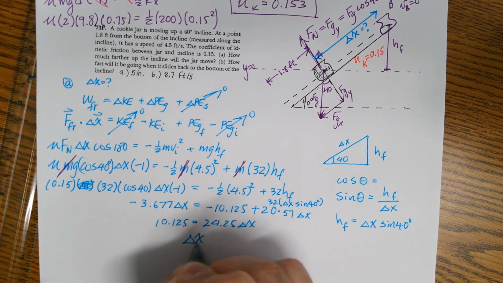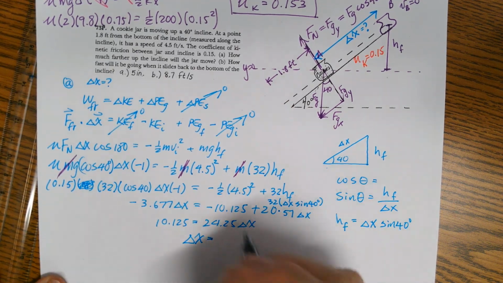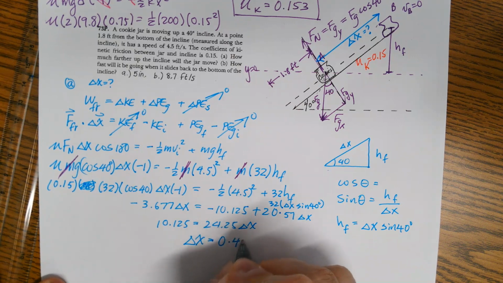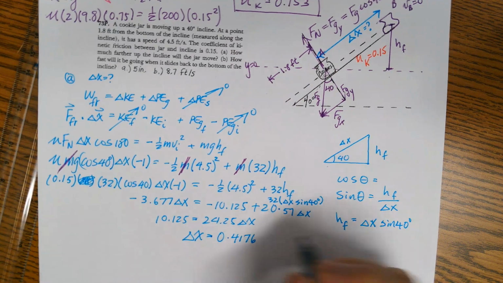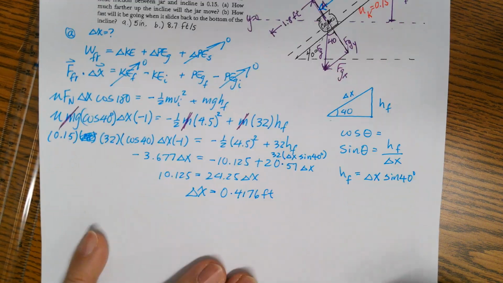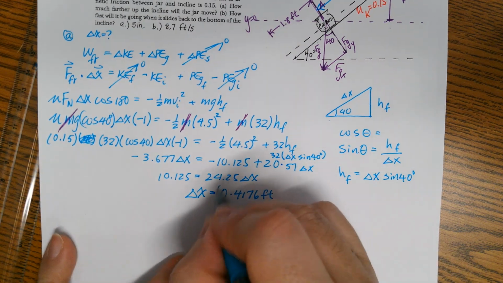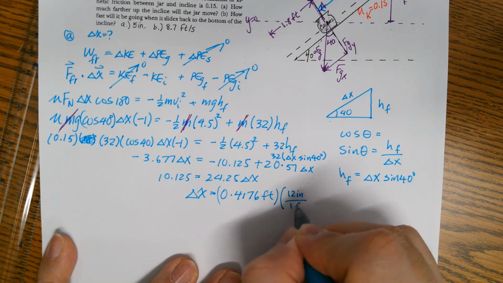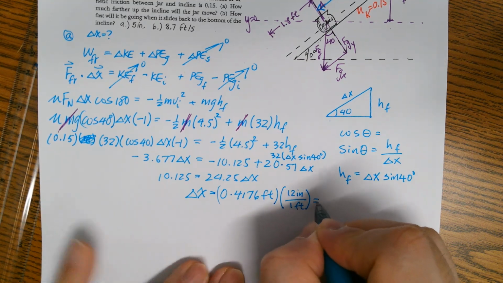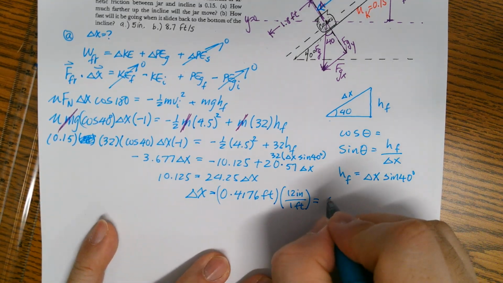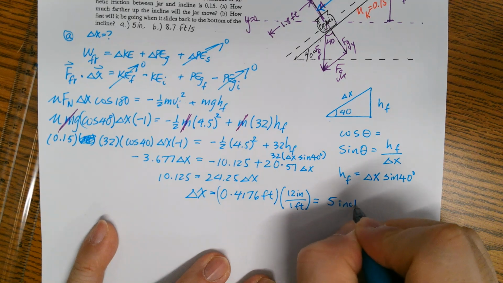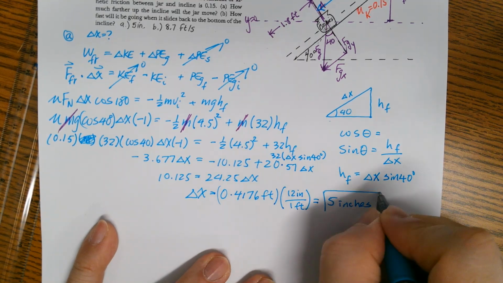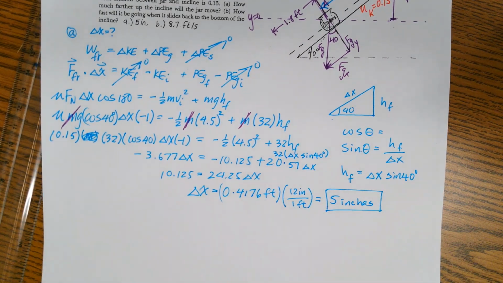So my delta x comes out to, I believe, something like 0.4176 feet. And if you multiply that by 12 inches per 1 foot, it comes out to 5 inches.